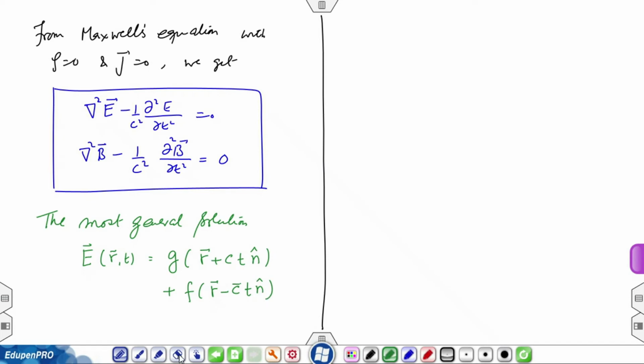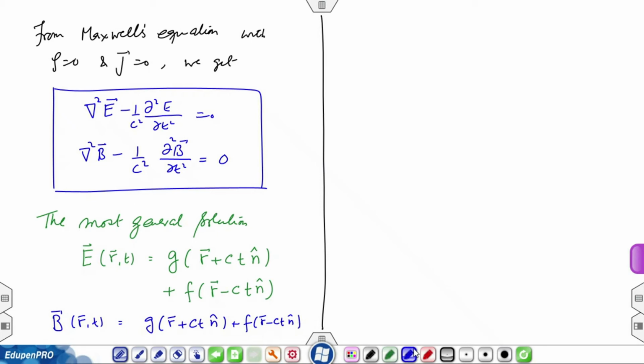Let me erase this vector from the top. And similarly, B would also be similar: G, not necessarily the same function, of r plus c t in some direction n plus some f of r minus c t in the opposite direction. So, these are directions of propagation, and these are the most general solution of the wave equation.